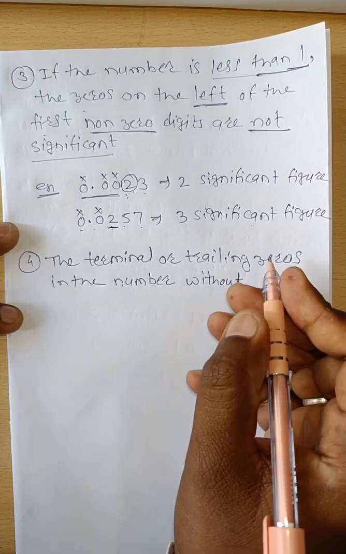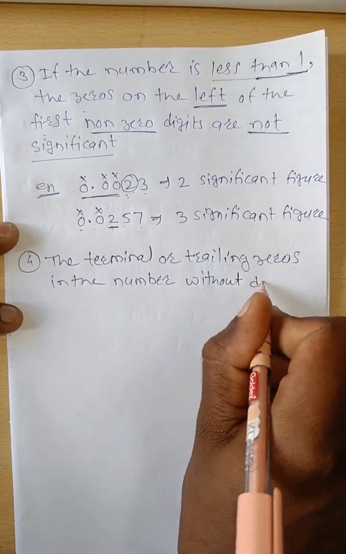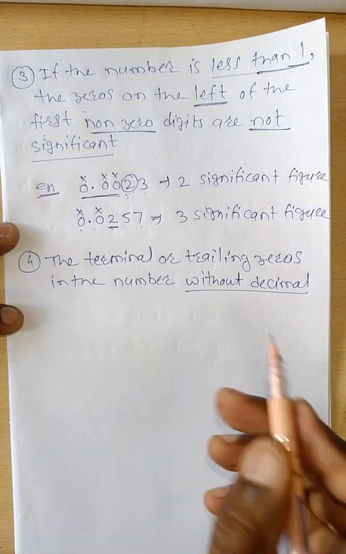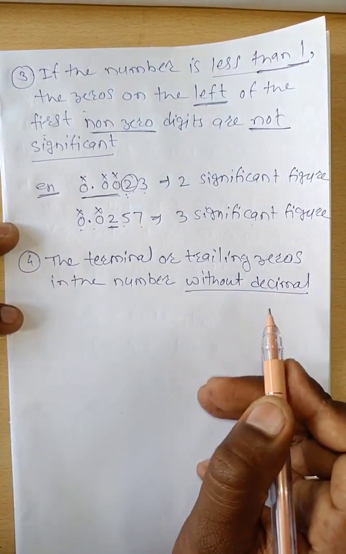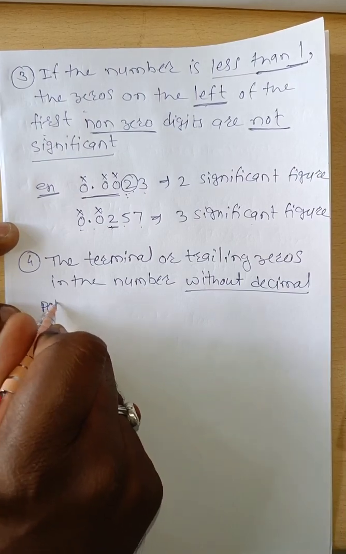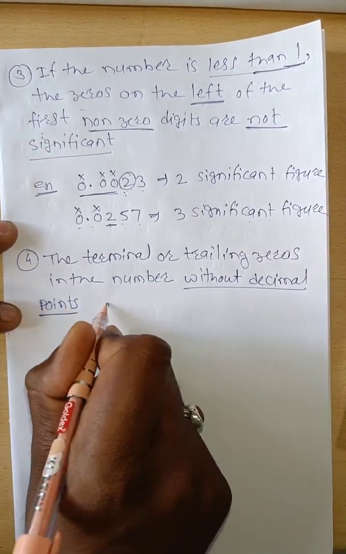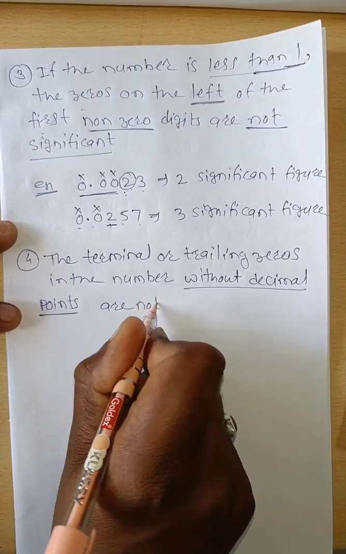This line is very important. The terminal or trailing zeros in a number without a decimal point are not significant.